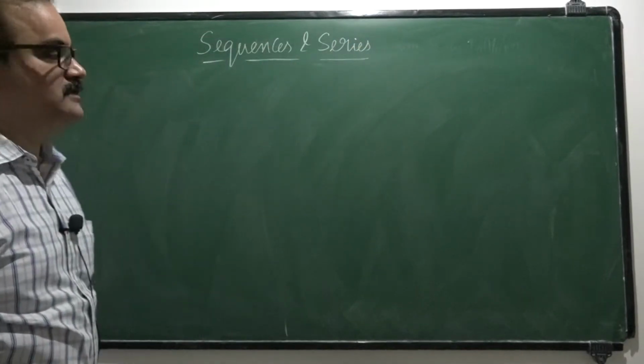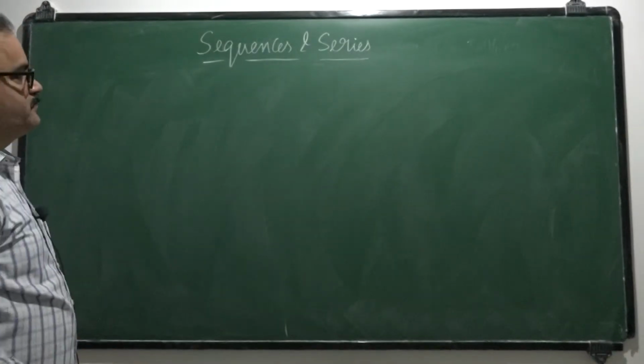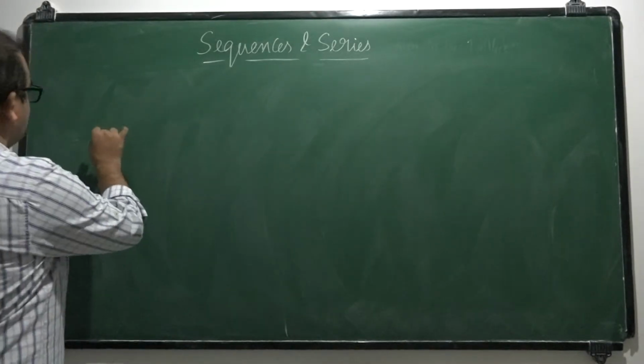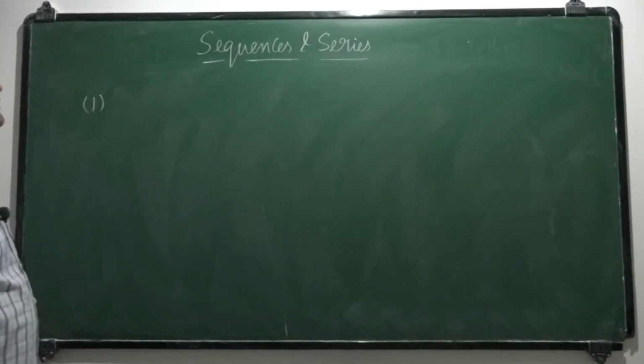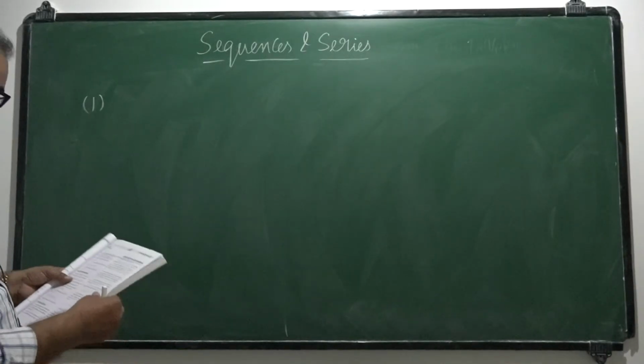Sequences and series. Generally, there are two types of sequences. First one is arithmetic sequence, second one is geometric sequence or progression.